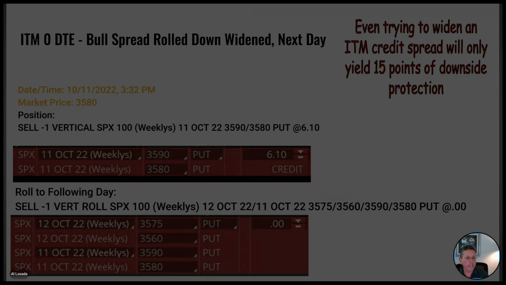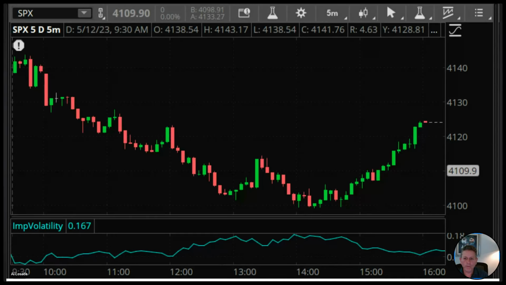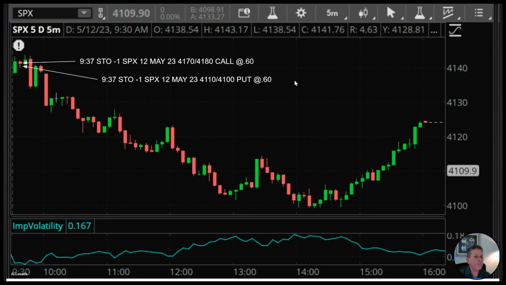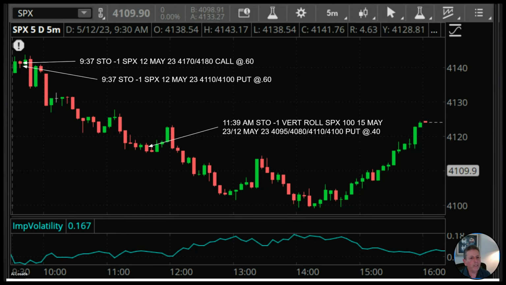All right. So let me give you an example of a couple of these trades. Let's see what happened here. So I put on a trade, and it's 4170, 4180, 60. So you get the put and the call on these. And you can see here that the market just went down quite a bit right after that.